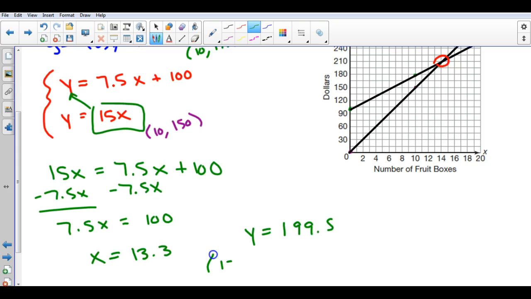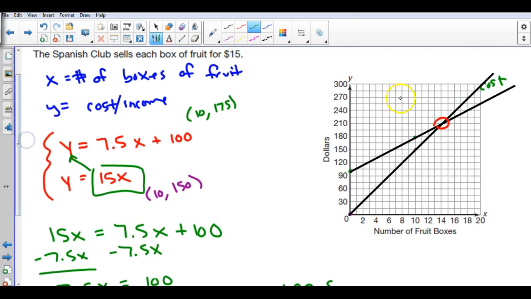You could express this as a coordinate, 13.3 and 199.5. If I scroll back up, it looks like that could approximately be the case. It's not going to be exact because of the graph, but you can imagine where 200 would be between these two values. 200 would be right around here somewhere, and that does look like 13 boxes at about $200.